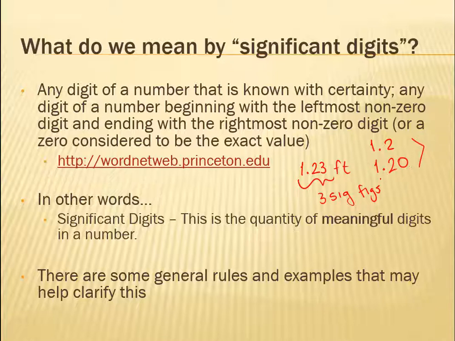However, if my table was actually 1.20, and I was measuring with my tape measure, adding that 0 matters, because I am saying officially I was able to measure up to this precision, whereas here I'm saying I either couldn't read my tape measure that closely, or this is a precision that I feel comfortable with, and I've already rounded.